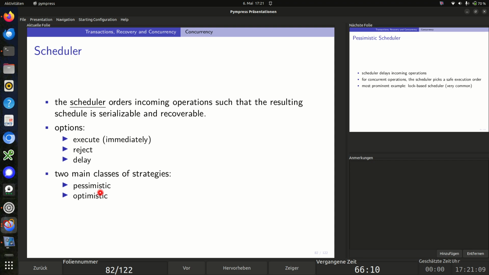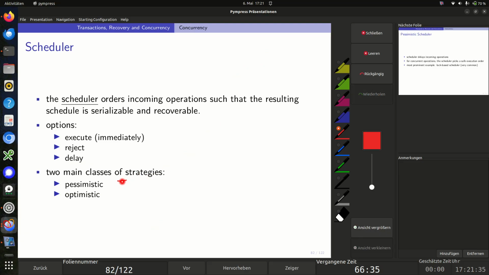First I want to have all my locks, and then I do the things. Optimistic means I just do whatever I want, and at the end I check whether my write set is in conflict with another write set, whether someone else also modified the same data items. Pessimistic is always equal to locking.